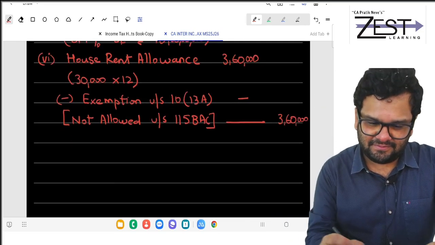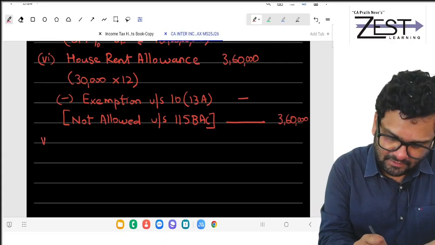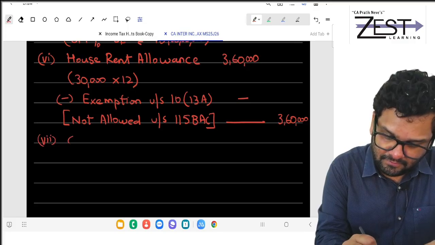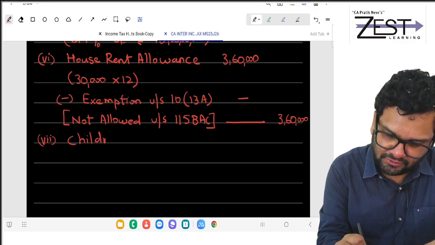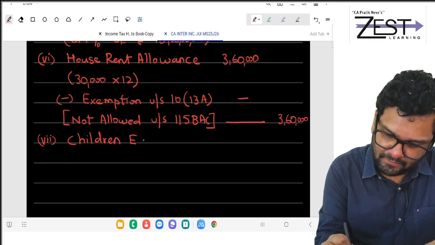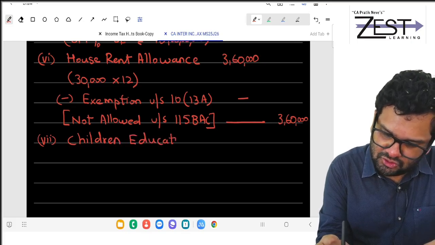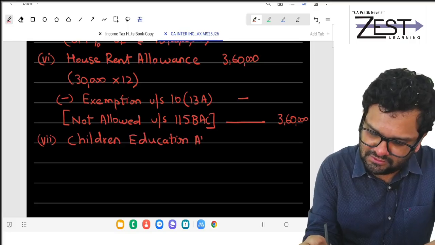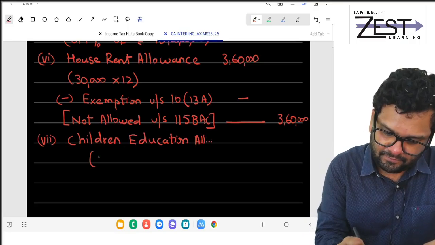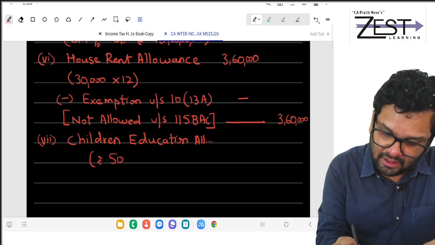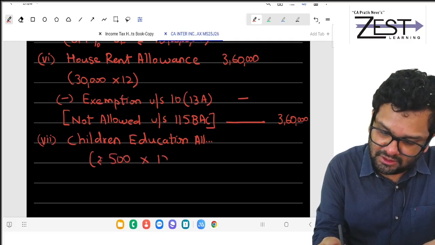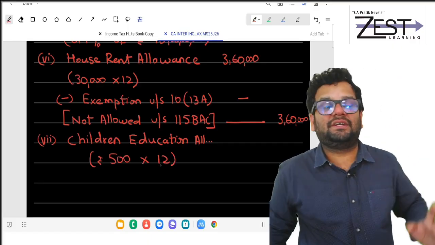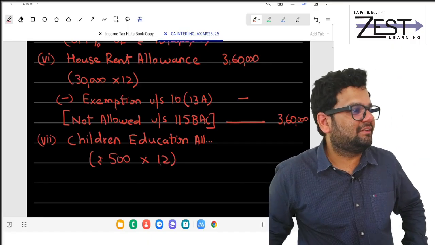After HRA, how much is received? Children education allowance, how much is received? 500 per month into 12. Don't consider that she has 2 children.